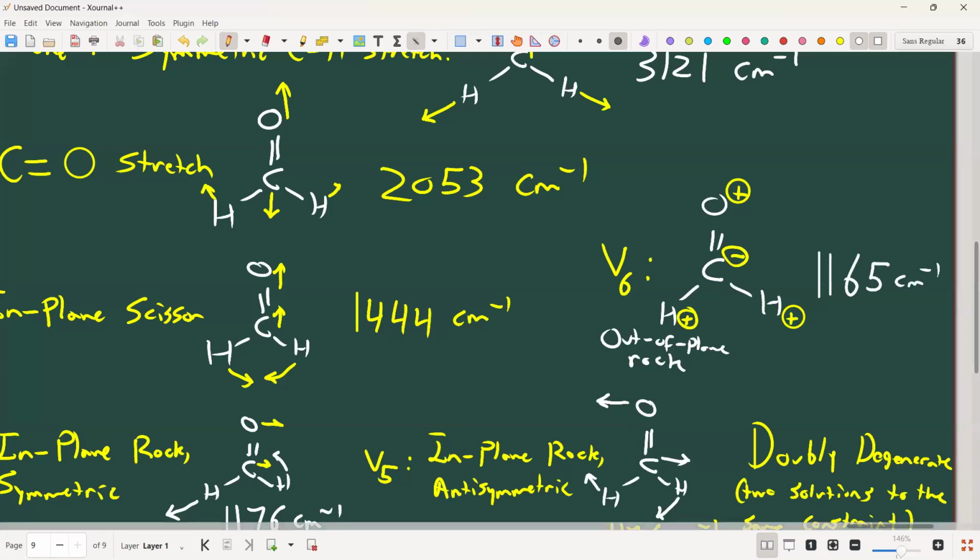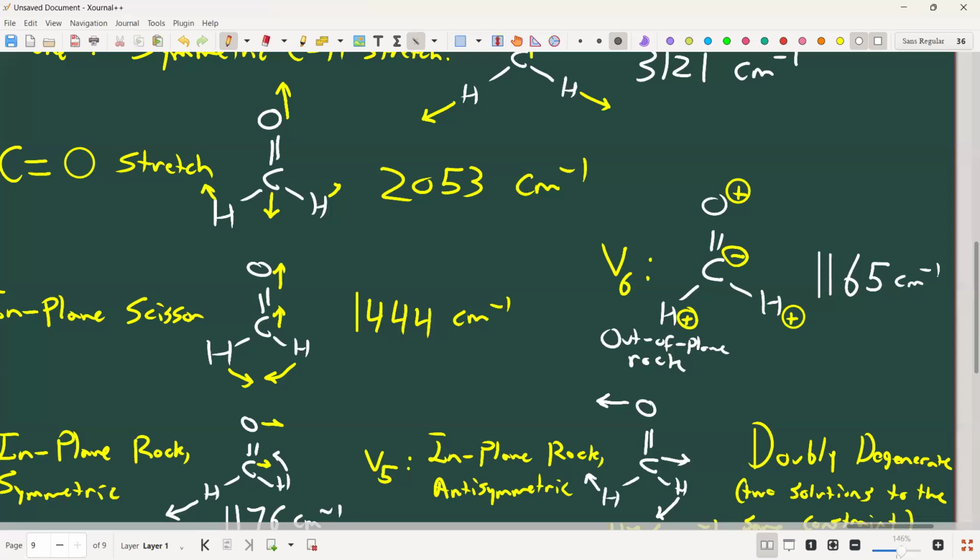65 wave numbers. All right, so one thing that's really interesting about these normal modes is these are the collective motions of the atoms. And say, for instance, you have a reaction that forms formaldehyde. Let's say the way that the formaldehyde forms is through oxygen addition, like they're forming this double bond onto a CH group.